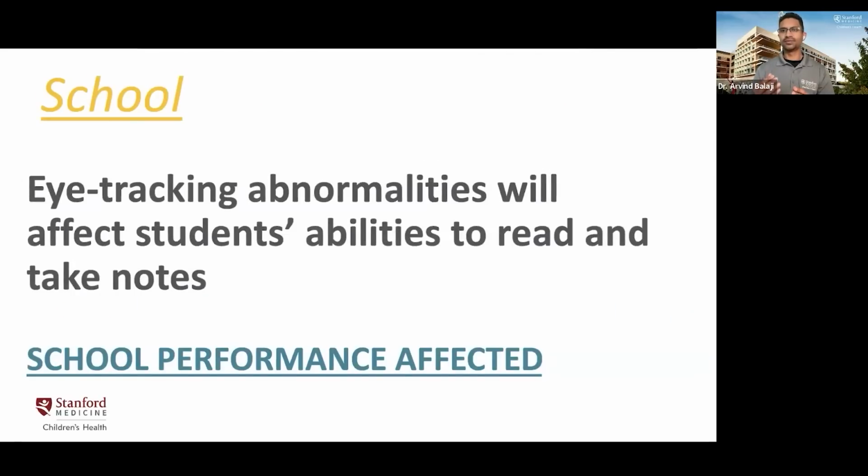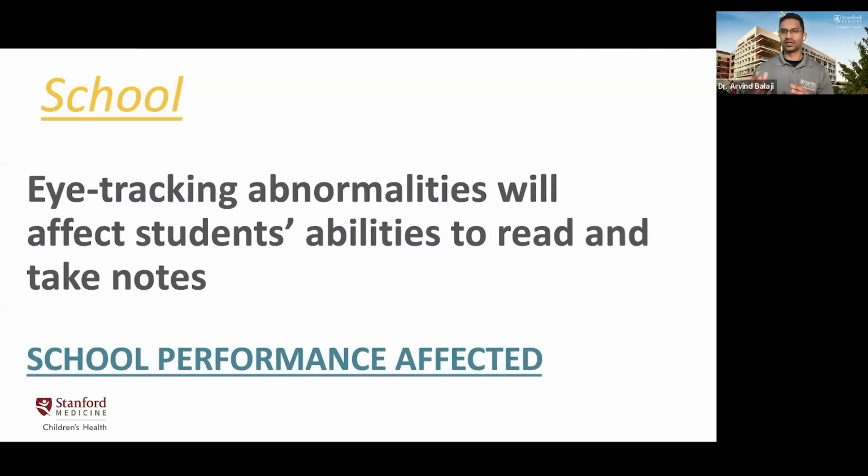In addition to the eye abnormalities leading to issues with exercise tolerance, we know that school activities are very eye dependent. Reading, taking notes, these sorts of things are very intensive in terms of what the brain is actually trying to do. It's a very complicated assortment of neurons firing in a very coordinated effort.